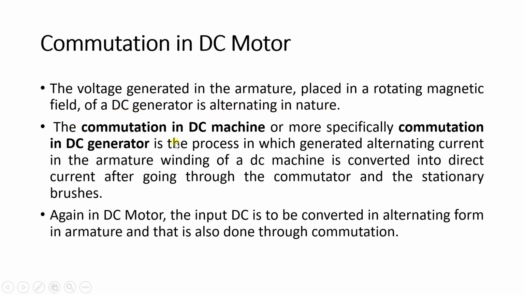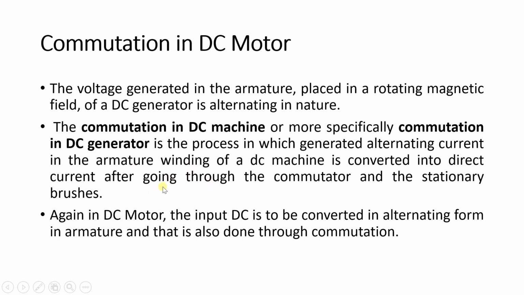The commutation in DC machine, or more specifically commutation in DC generator, is a process in which generated alternating current in the armature winding of a DC machine is converted into direct current after going through the commutator and the stationary brushes.